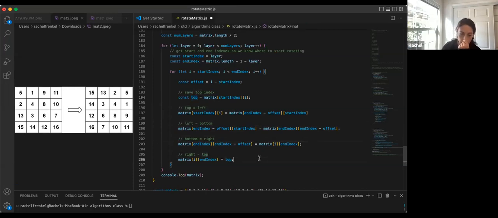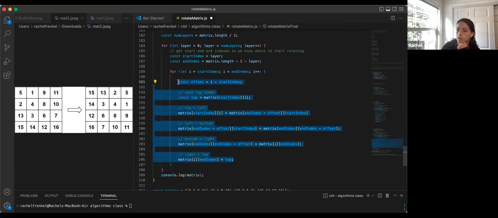Okay? So this was basically us just saving one and then swapping them all around. This actually is our rotate corresponding index function.